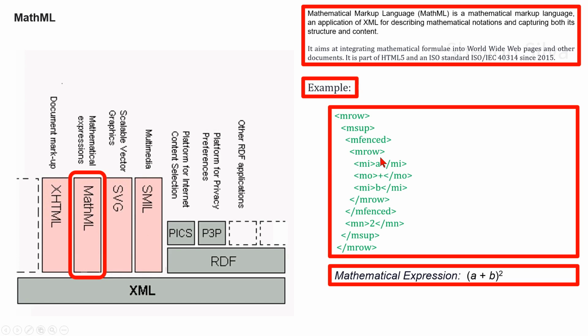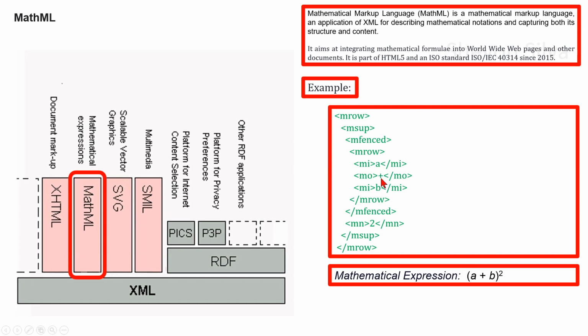The mfenced element is used to provide fences, braces, brackets and parentheses around formula material. It defaults to using parentheses. Note the use of the mi element for displaying the variables a and b, and the mo element for marking the plus operator.